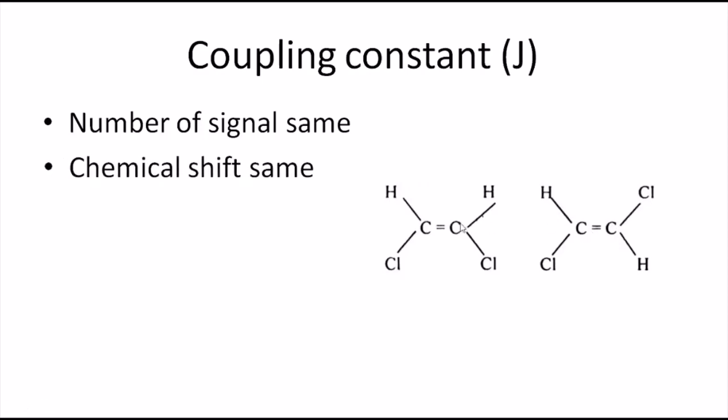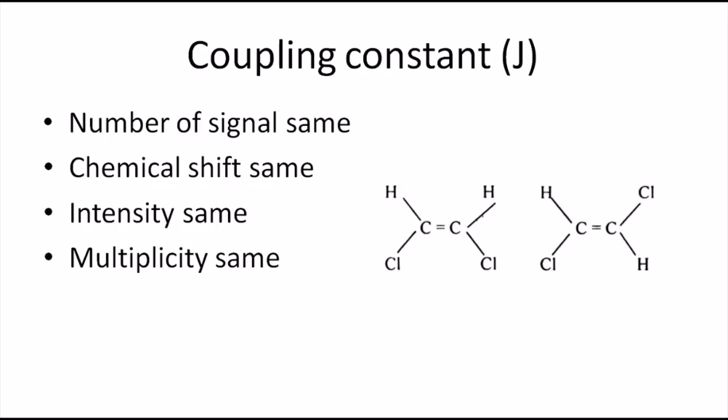What about chemical shift? The same environment, pi bond chlorine, chlorine, pi bond chlorine, so almost the chemical shift is the same. What about the intensity? It has 2 hydrogen, and this also has 2 hydrogen. Intensity is the same. What about multiplicity? These together give one signal, and therefore there is no splitting. It will give the same.